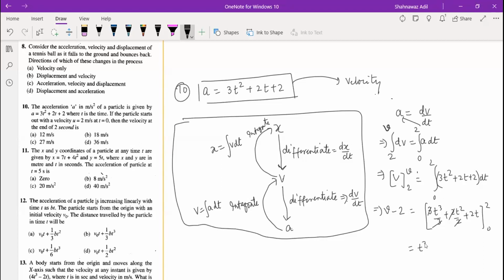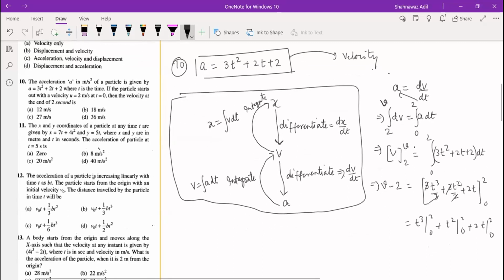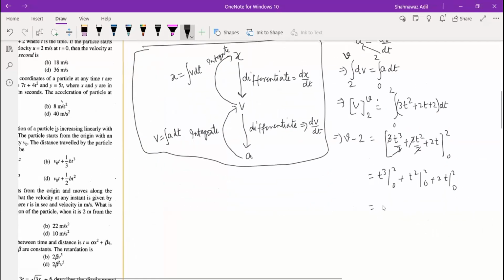So we have t cubed plus t square plus 2t, each from 0 to 2. How much is this? It is 2 cubed, not 8 cubed, plus 2 square plus 2 into 2.